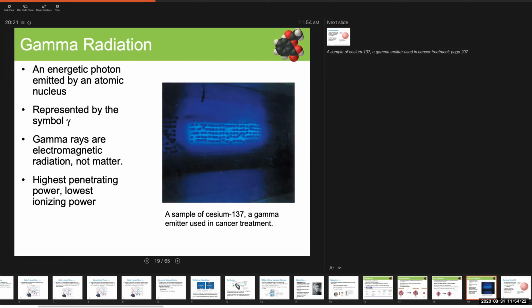In this photo, they have an example where they have cesium-137, and it's a gamma emitter that's used in cancer treatment. So the gamma radiation you see a lot in medical stuff. And it's because of that high penetrating, low ionizing. If you think about it, you don't want something hitting you that's ionizing you. That might not be a very good thing to have happen. But the penetrating has value.